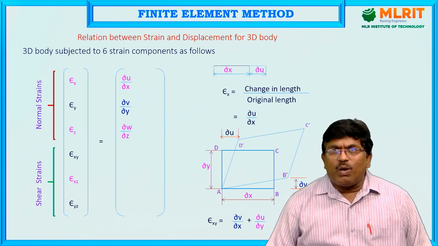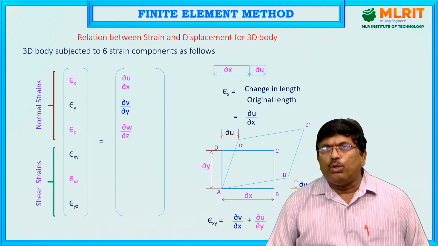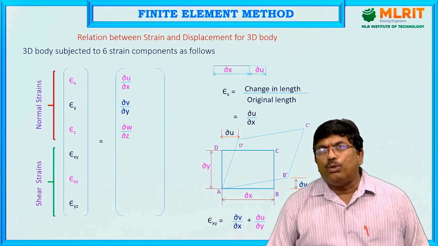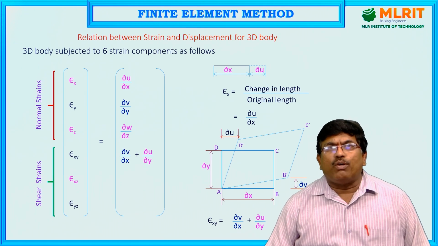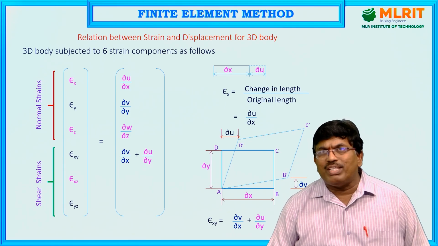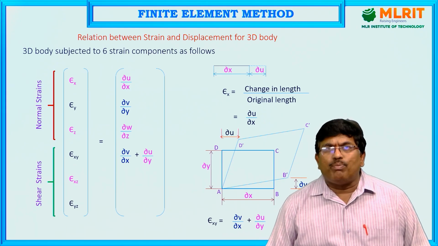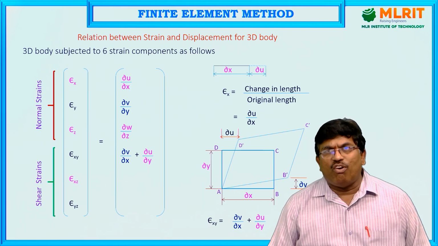So the shear strain epsilon xy equals ∂v by ∂x plus ∂u by ∂y. Here ∂x and ∂y are the sides of the body, differential lengths of the body, and ∂v, ∂u are the differential deformations.